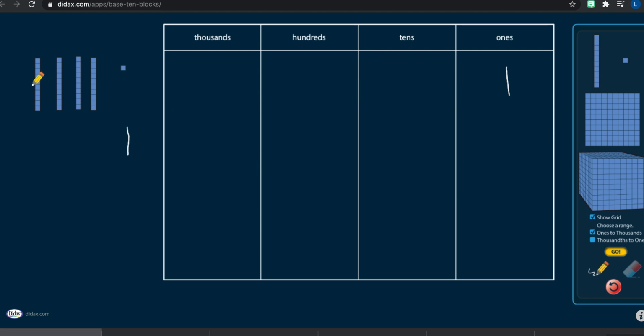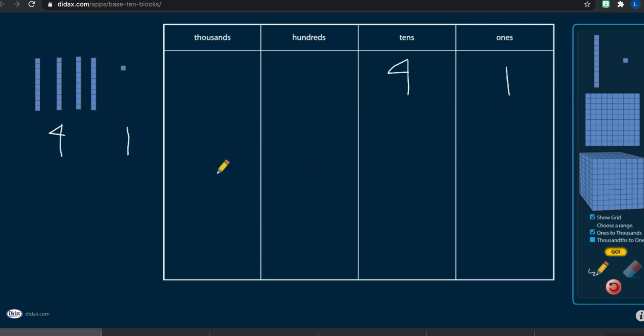Now, what about our groups of 10? We have 10, 20, 30, 40. So we have 40. That's our value right here. But we only have 4 tens. So 4 tens, and then we have 1. So 4 tens, 40. That's why we saw on the other number that it was 40 altogether.